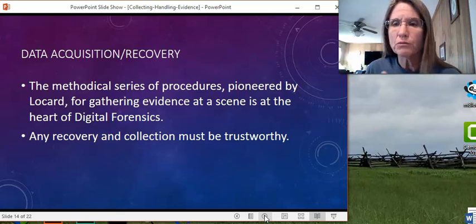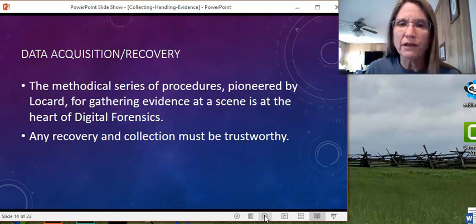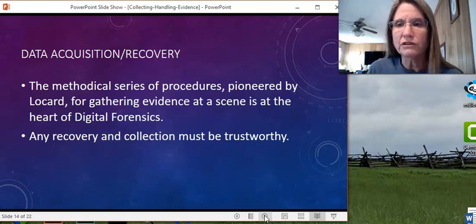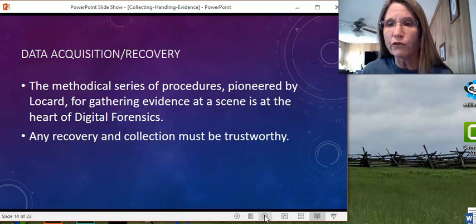So these principles and methods that have been given to us via Mr. Locard have grown into the full-featured science that today we call digital forensics.